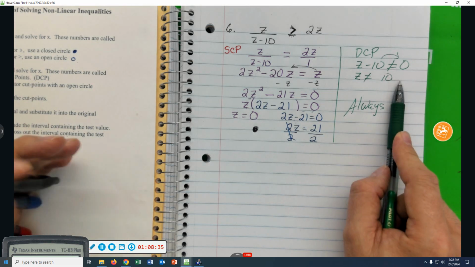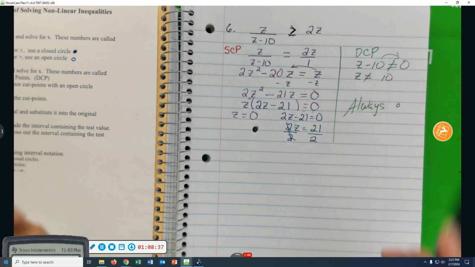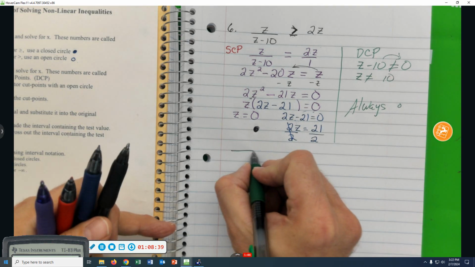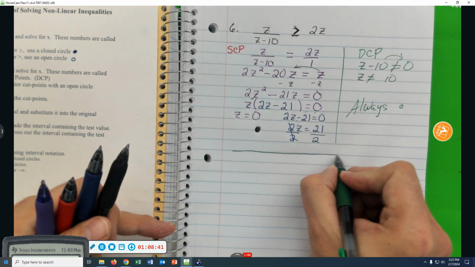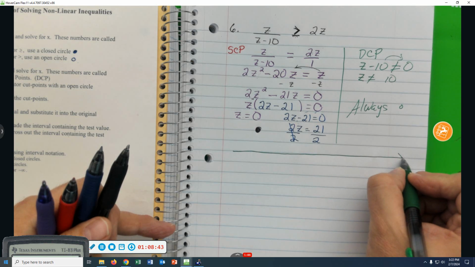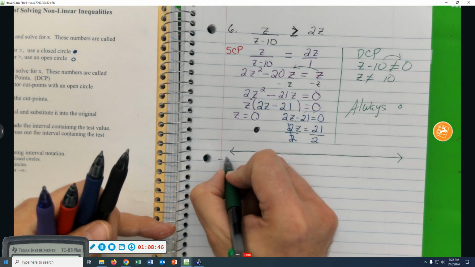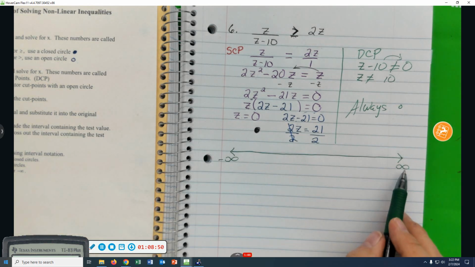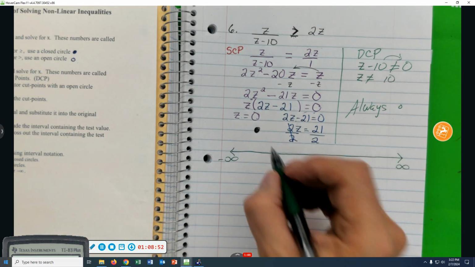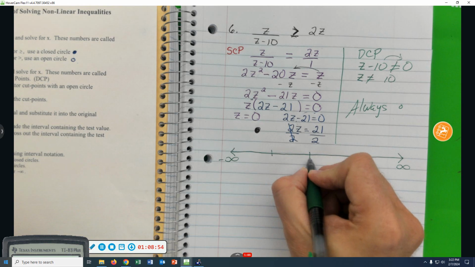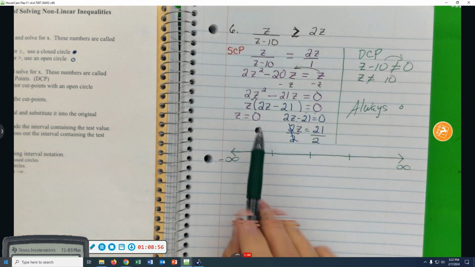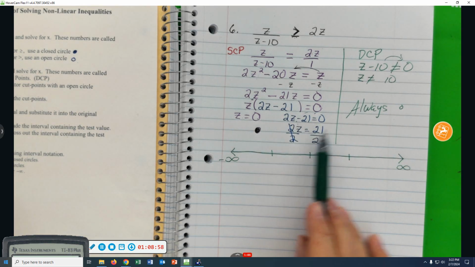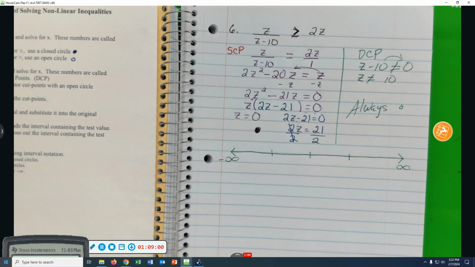And 10 is a cut point. Drawing my number line. Now I'm going to label 3 marks. I'm also labeling negative infinity and infinity. Now there's 3 of these things: 0, 21 over 2, and 10.